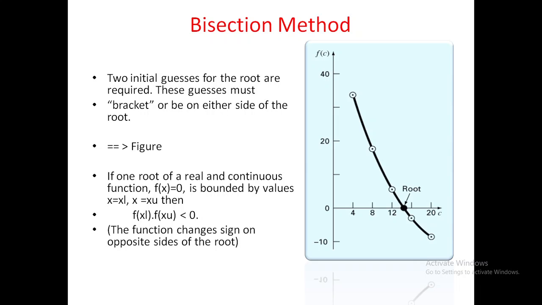That is, y1 and y2 have alternating signs. The function changes sign on opposite sides of the root, and then this condition will be satisfied. One is positive and the other is negative. The actual root lies where the curve intersects the x-axis. Here is that root shown.